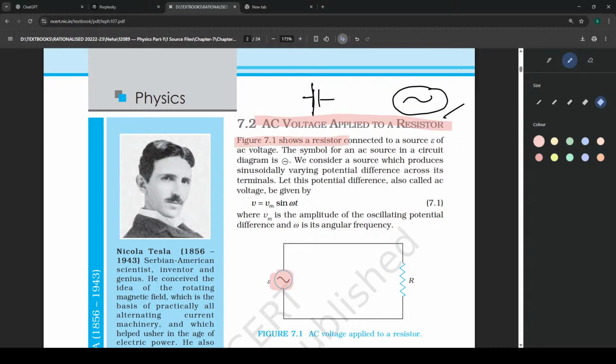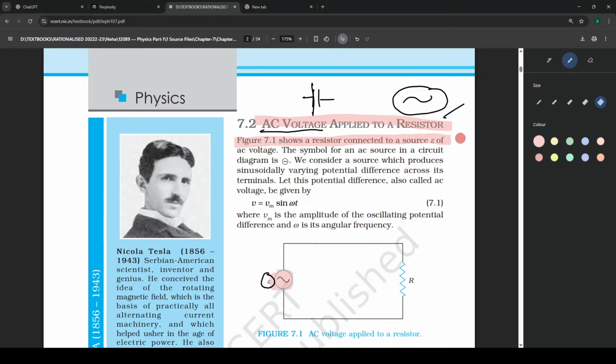This figure shows a resistor connected to a source, this is E, which is an EMF, that is electromotive force, or basically potential difference. We are talking about an AC voltage, it is a time varying potential difference.